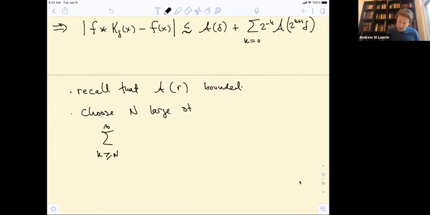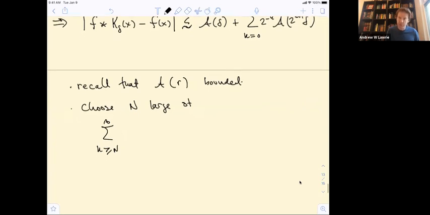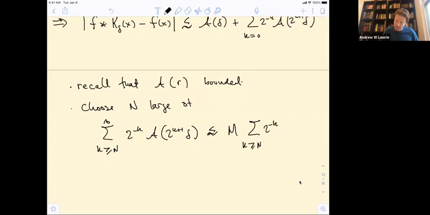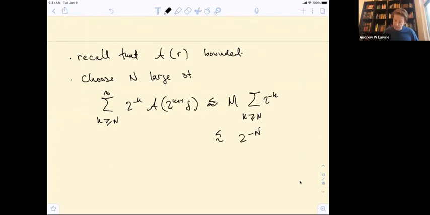For large k, I'm going to want to just use the uniform bound for a. The sum over k bigger than or equal to n of 2 to the minus k a of 2 to the k plus 1 delta is less than or equal to m times the sum over k bigger than or equal to n of 2 to the minus k, which is less than or equal to a constant times 2 to the minus n, which I'll take less than epsilon.